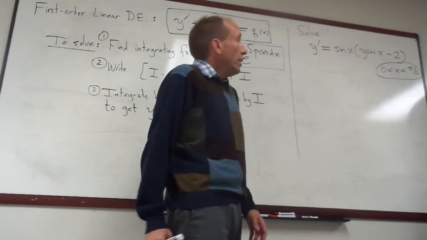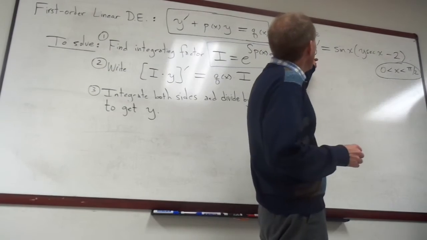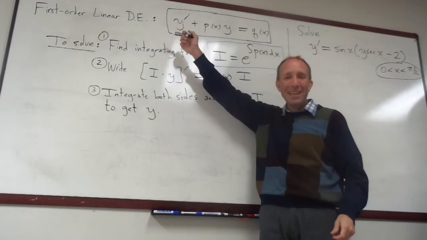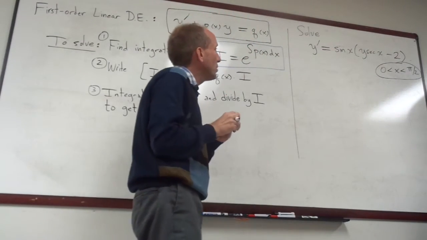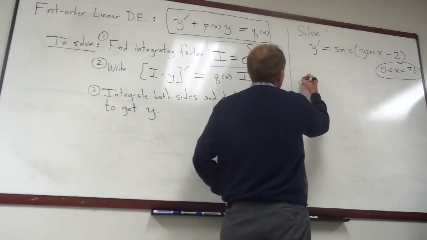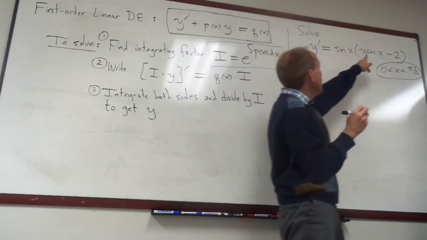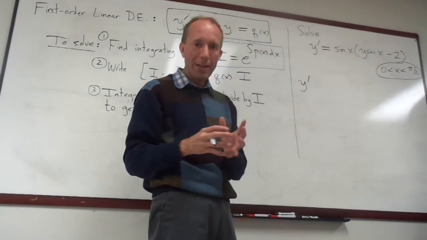So the very first thing we need to do is rewrite this equation in the form of a first order linear differential equation. Let me do that for you really quick. So we have the y prime right here. Incidentally, secant of x is really just 1 over cosine of x.